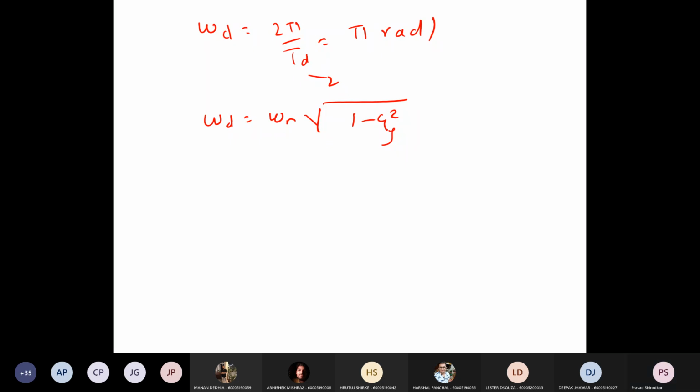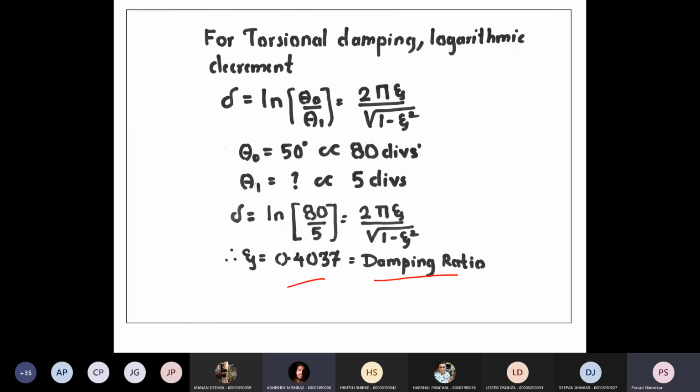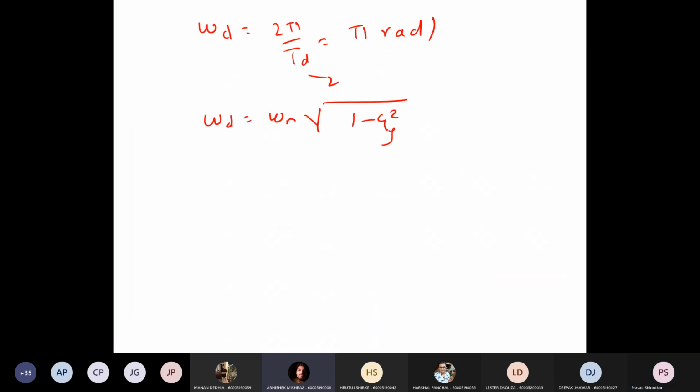What is zeta? Sir, 0.4038. Okay, so substitute and tell me the value of natural frequency. So 3.434. Correct. So natural frequency is 3.43 radians per second.